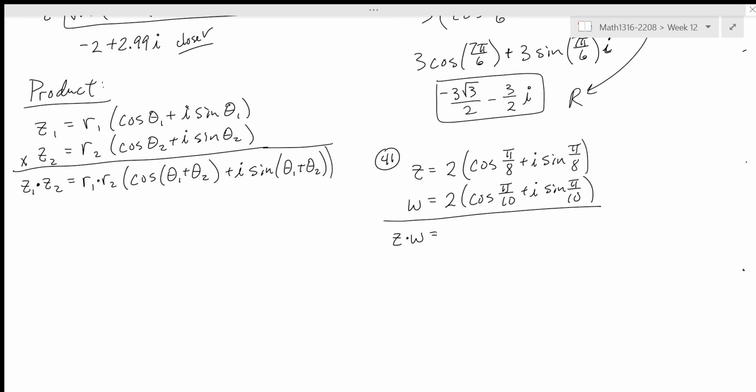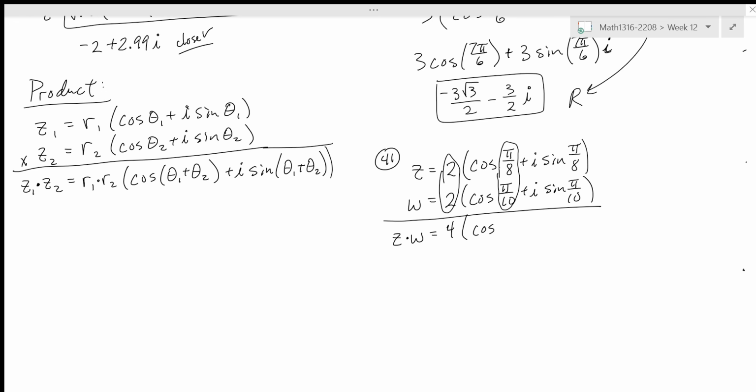So what does the formula say to do with the two radii? Multiply. 2 times 2? 4. Parentheses, cosine. Uh-oh. What does the formula say to do with the angles? Add them. Oh, but do I have to add fractions?